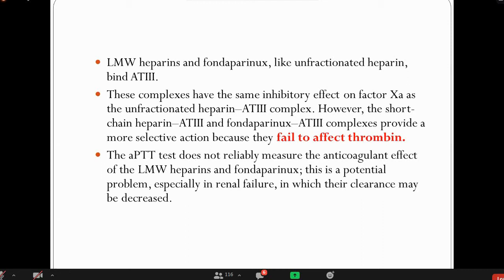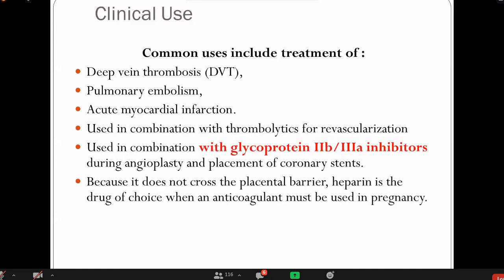Clinical uses, common uses include treatment of pulmonary embolism, acute myocardial infarction, and use in combination with thrombolytics for revascularization, and in combination with glycoprotein 2b3a inhibitors. This is a receptor, glycoprotein 2b3a, that we will discuss in the subsequent slide.